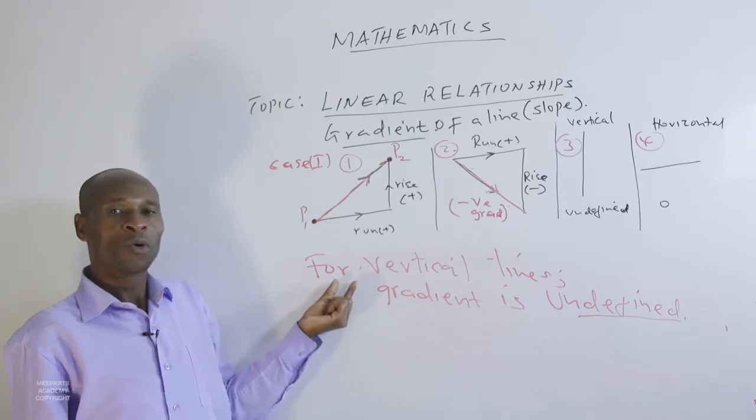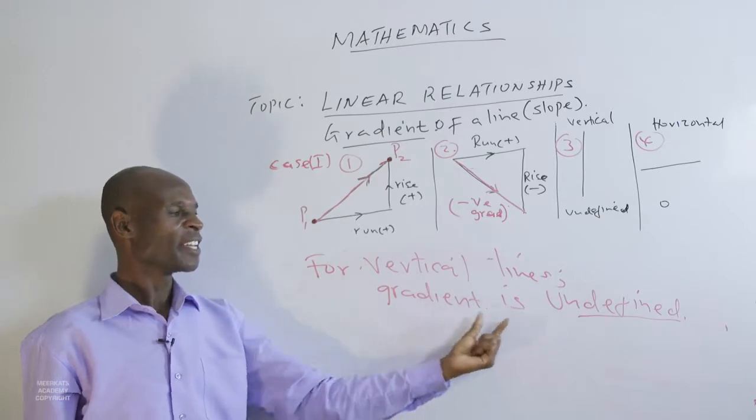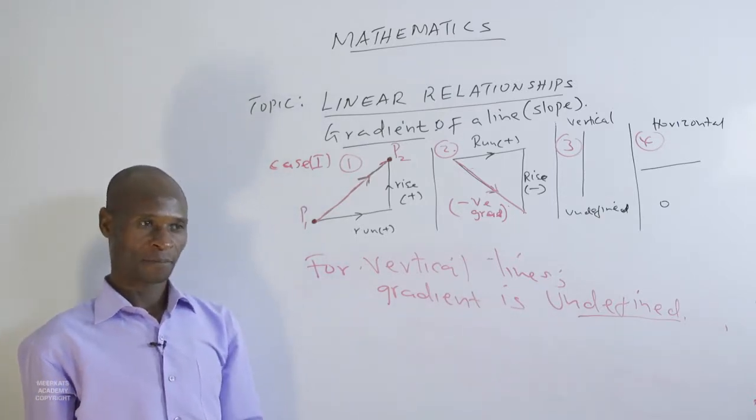So we can confidently say that for any vertical line, its gradient is undefined.